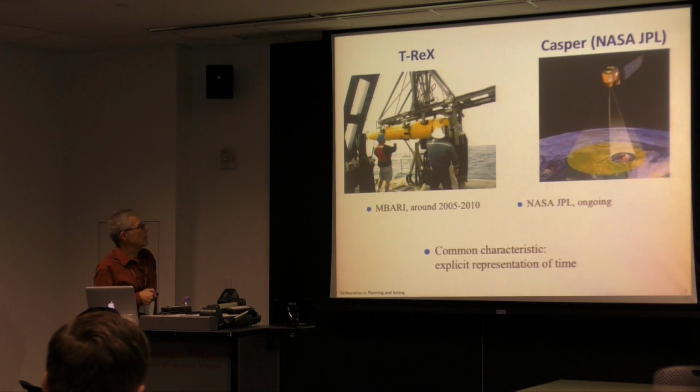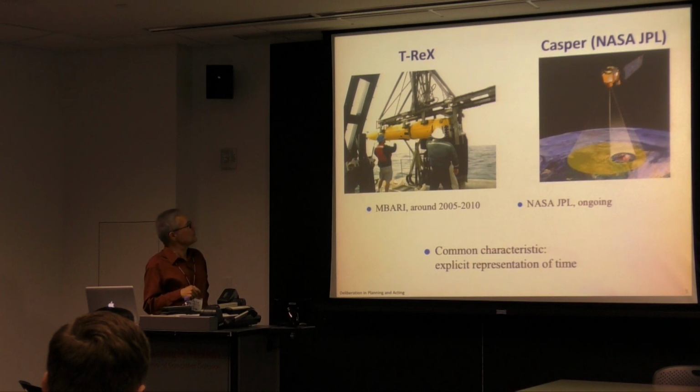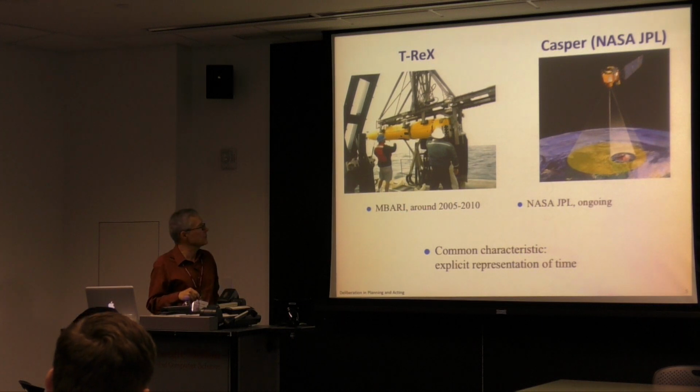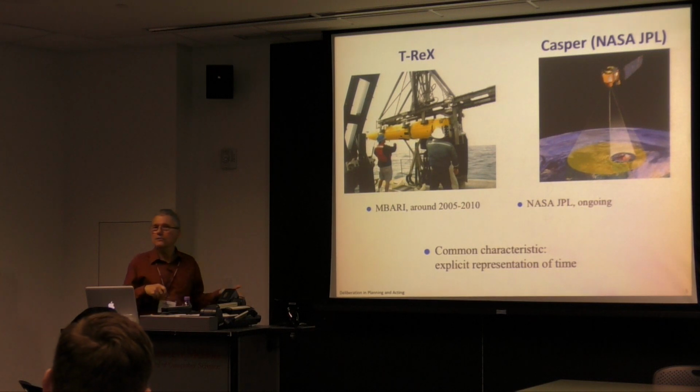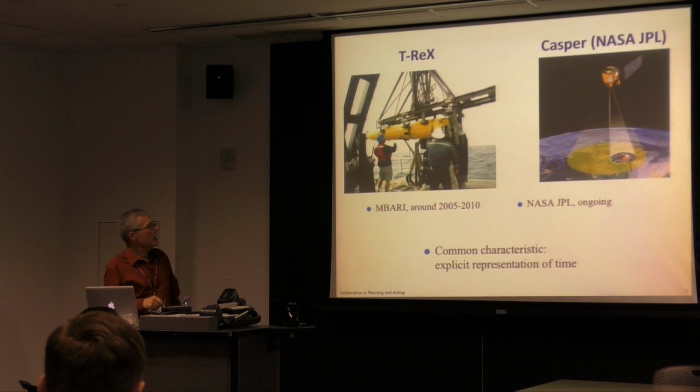T-Rex and Casper. T-Rex is a system developed by one of the former NASA people for an oceanographic research institute between 2005 and 2010. And it uses some similar kinds of temporal planning techniques for undersea vehicles.